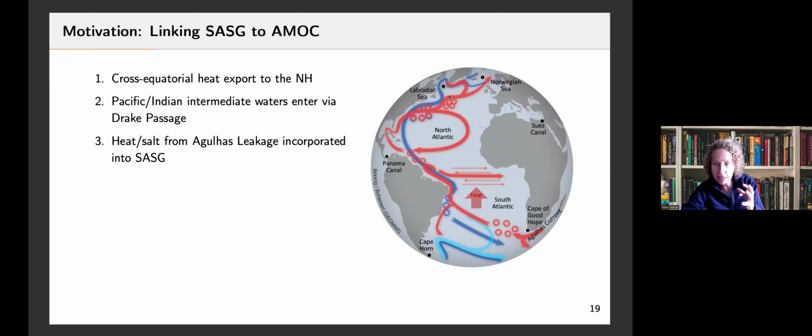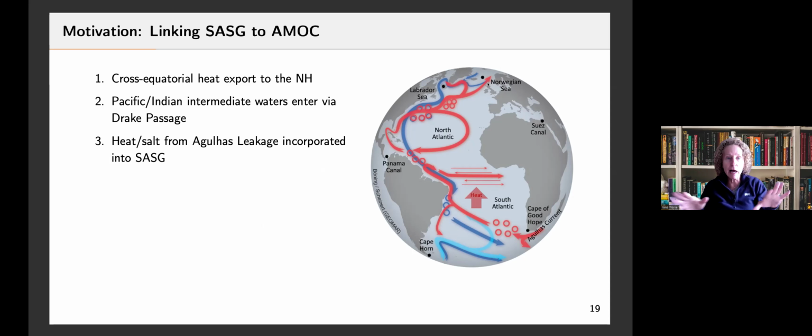So any changes that we have here, if the winds get stronger, we're going to have an intensified subtropical gyre, and maybe we'll have less water being transported into the North Atlantic, which will contribute to the weakening of the AMOC, which will then feed back into the northern hemisphere temperature, which will finally have an impact on the hydrological cycle.